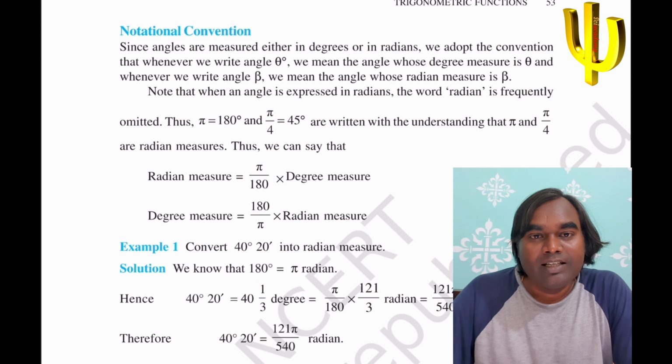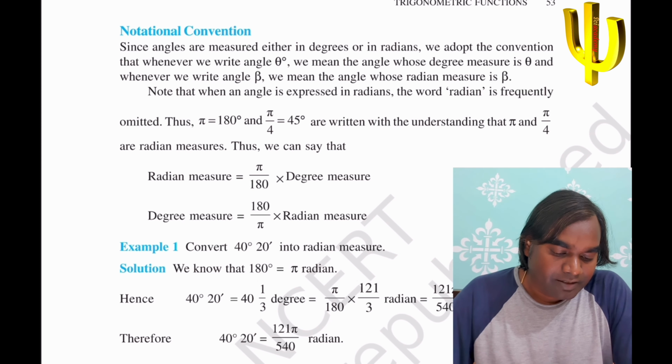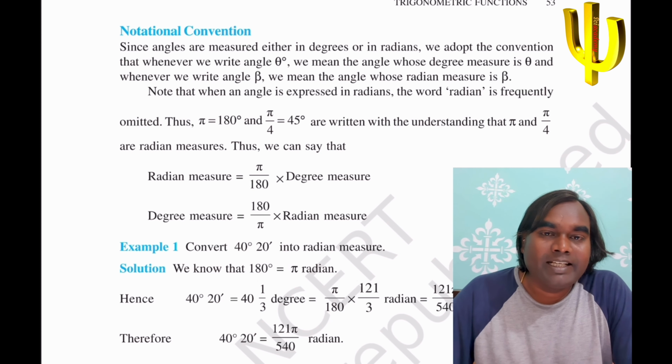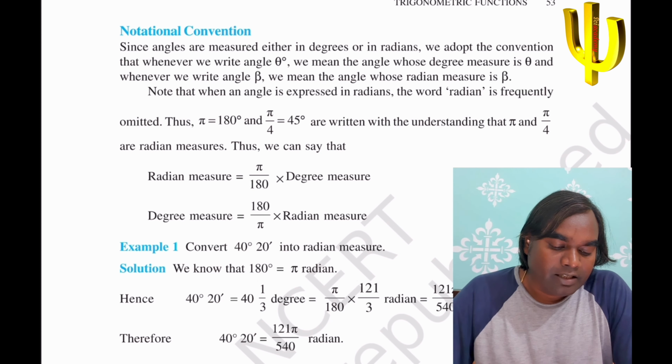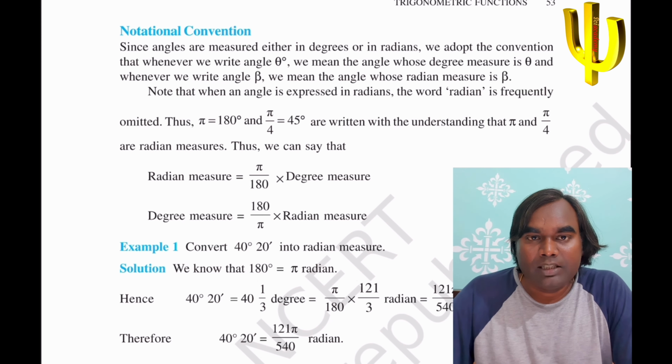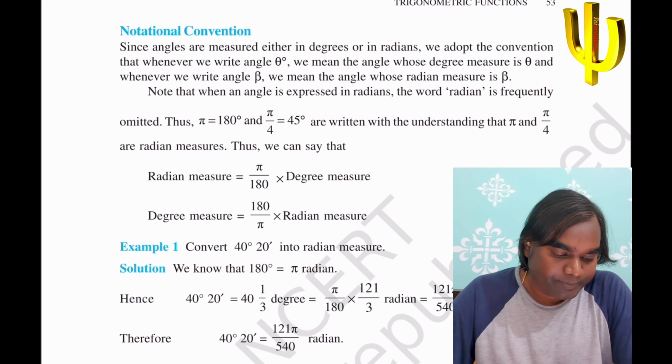That means theta represents the degree measure, and beta represents the radian measure. This is as per this textbook, but this is a convention, and if you want to denote it by a different symbol, you have to mention that.